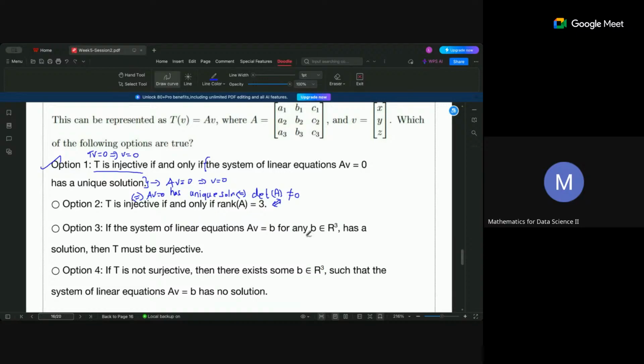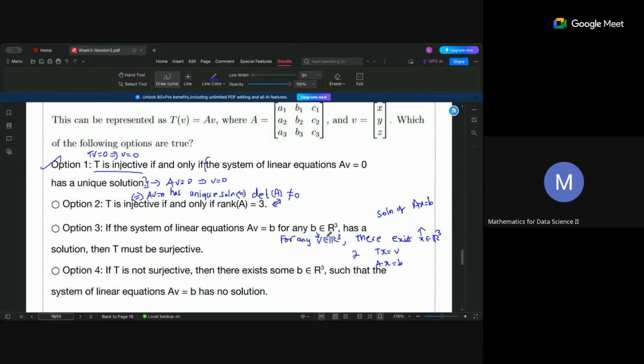For any V in R3, there exists some X in R3 such that TX is equal to V. So here in place of B, I have V, and here this X is your solution of AX equal to B, correct? So this is just a rewritten version of this. Do you all see that?